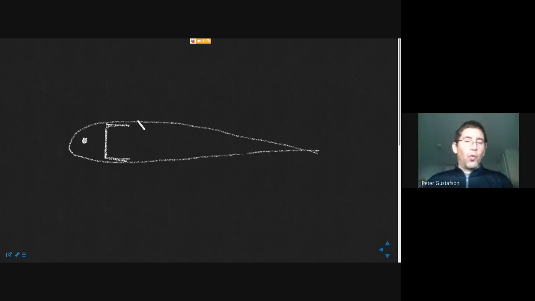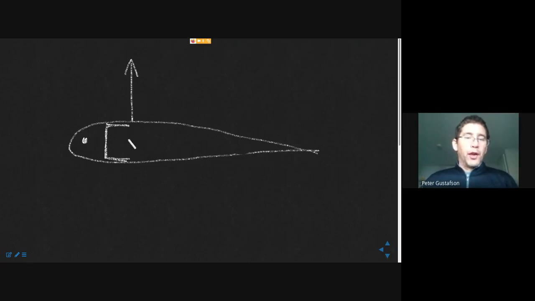Now, where is the aerodynamic load? The aerodynamic resultant load is probably going to be closer to, let's pretend it's right here. That's about the quarter chord for this symmetric section. If it's a symmetric airfoil, it has no moment and the load is going through the quarter chord.